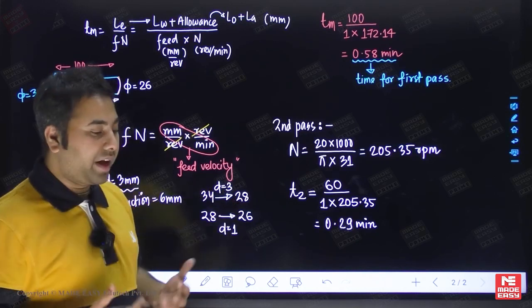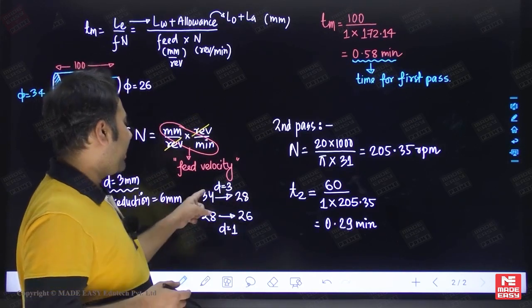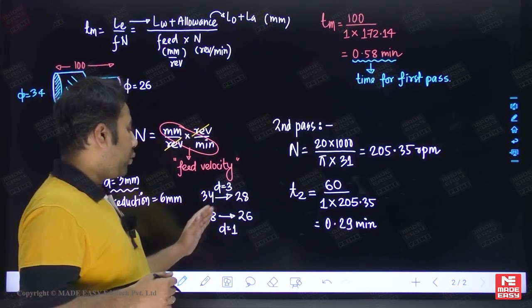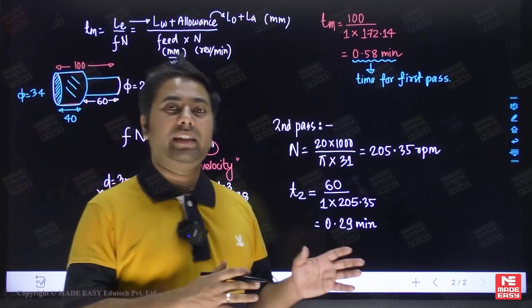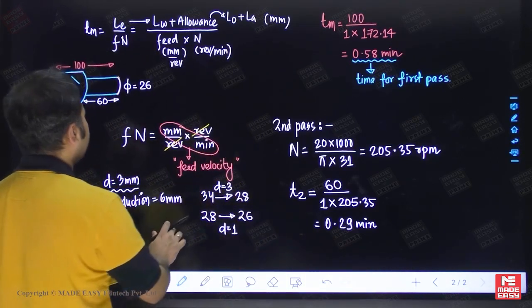That was our maximum reduction possible. So from 34 mm to 28 mm we have taken the depth of cut as 3, but since from 28 to 26 requires a reduction of only 2 mm, we have to take the depth of cut only as 1 mm.